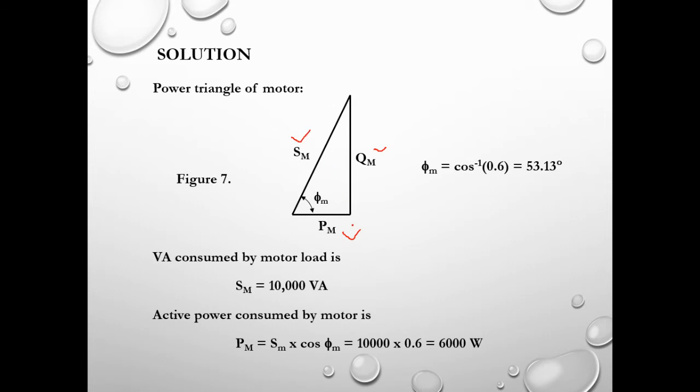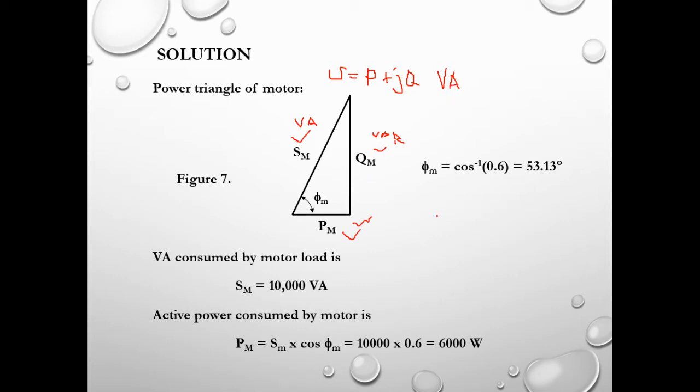This is the unit of watt, this is the unit of VAR, and this is the unit of VA, volt ampere. Remember the basic relationship between these three elements: S equals P plus jQ, in VA.